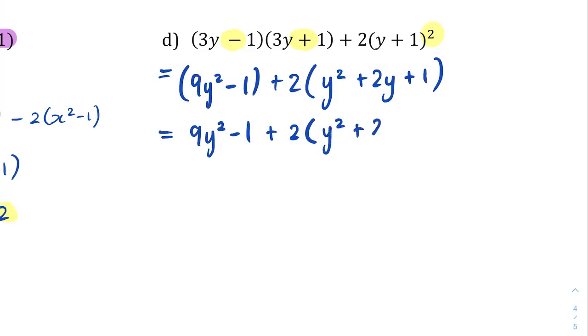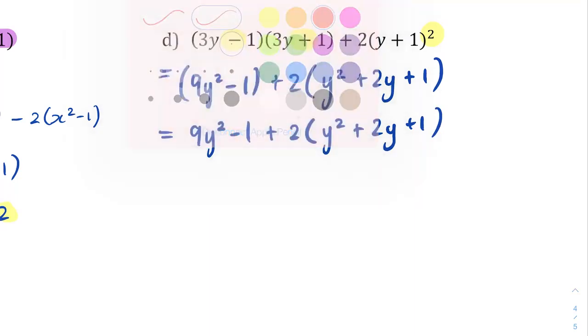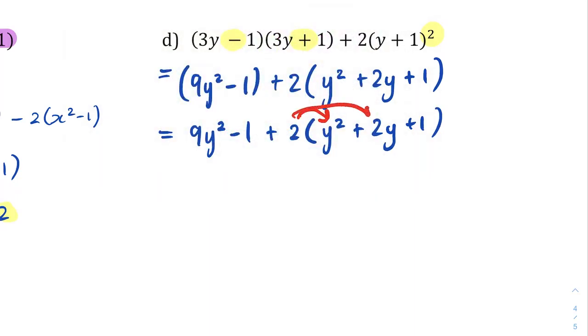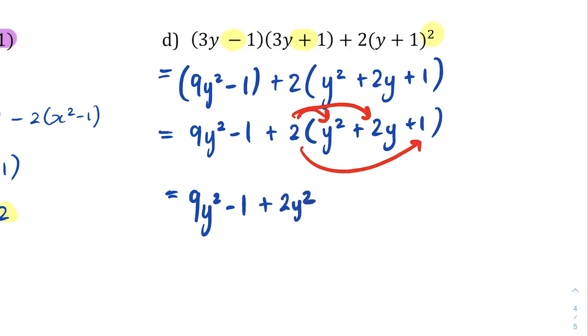The second one, I'm not going to expand it out for now. I don't want to do too many steps at once because I want to apply the distributive property. Okay, so 9y squared minus 1, applying the distributive property, so 2y squared plus 4y plus 2.